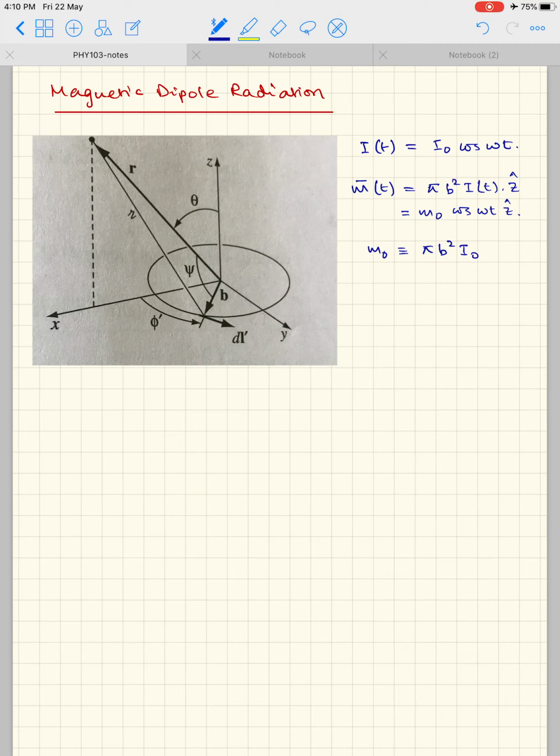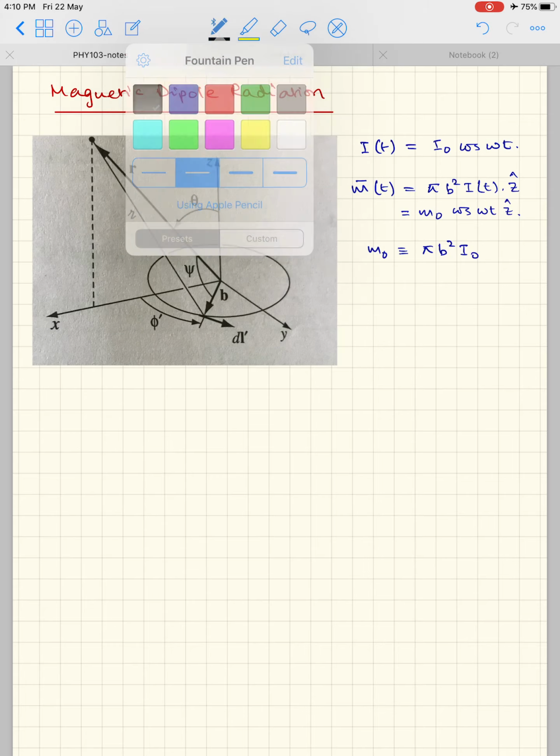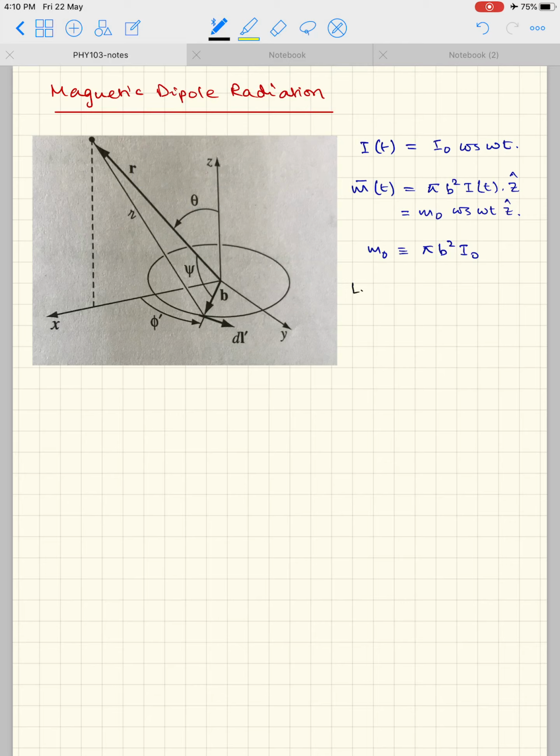And this is the maximum value of the magnetic dipole moment. Okay, the loop is uncharged, so hence V is equal to 0.